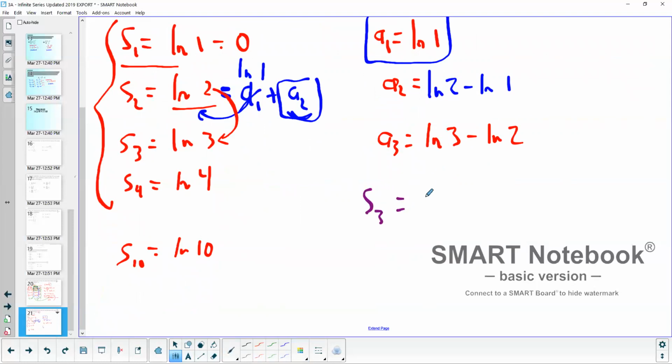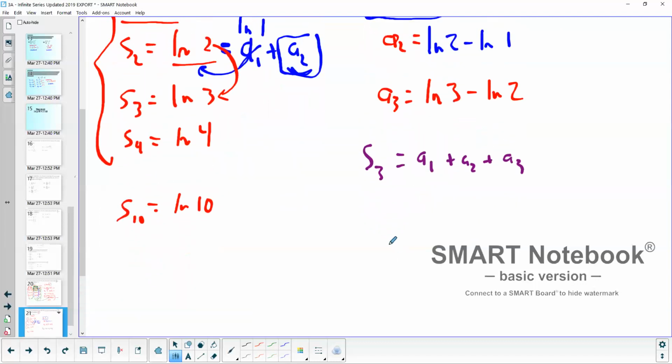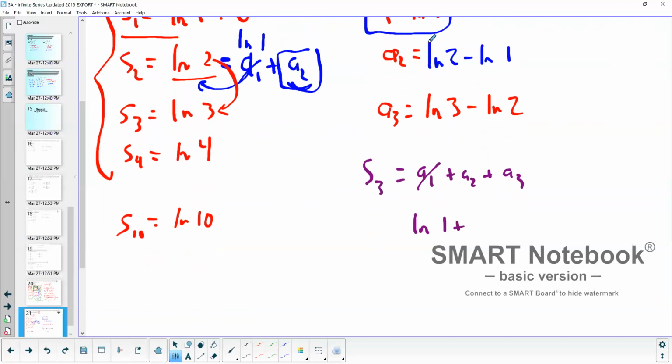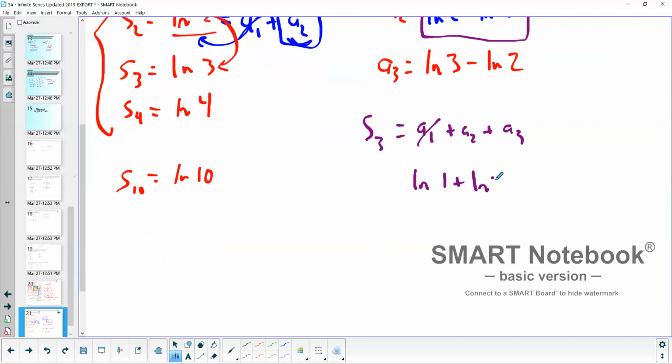And I'll do it one more time just to show you how we get that. The third partial sum is equal to the sum of the first 3 terms in that series. And we already established early on that the first term in the series was the natural log of 1, plus the second term in the series, which we said was the natural log of 2 minus the natural log of 1, plus whatever the third term in the series is should give us the third partial sum.